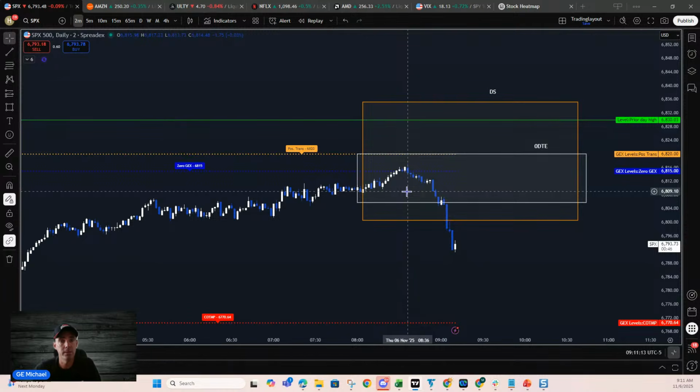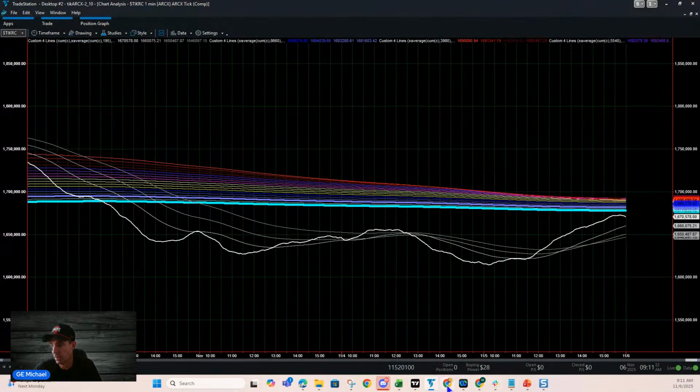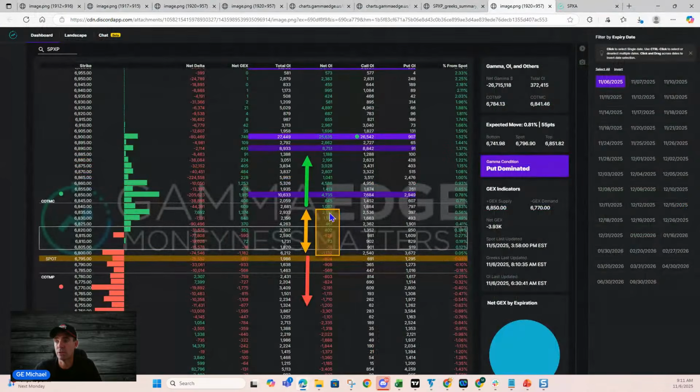So upper DS would be 68.20 or 68.35. 68.35 is DS up here. We can look at the 0DTE. I'll show you why. Sorry about that. Let me go back to 0DTE. So 0DT structure, we take the 0 point and then we roll the structure up. We could even take it at 68.30, but then we take the largest next net OI where you're going to have some interaction.